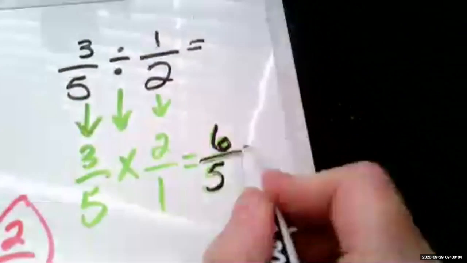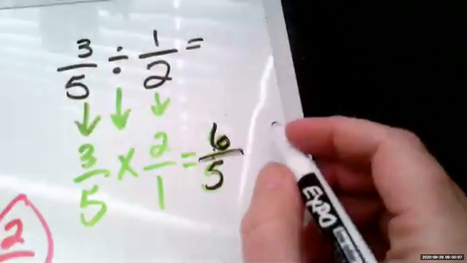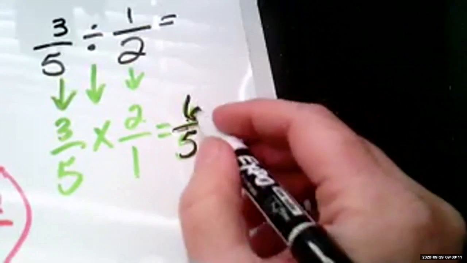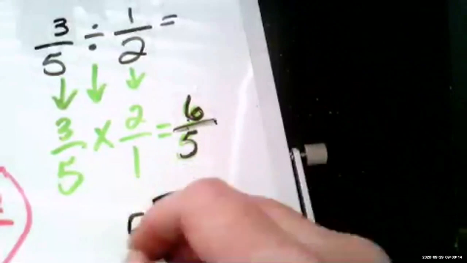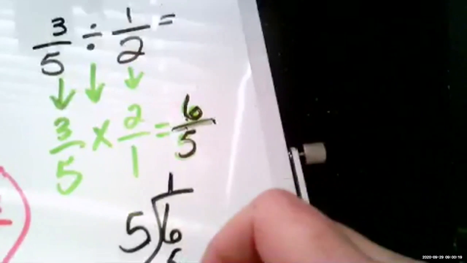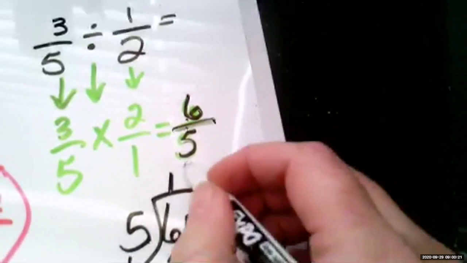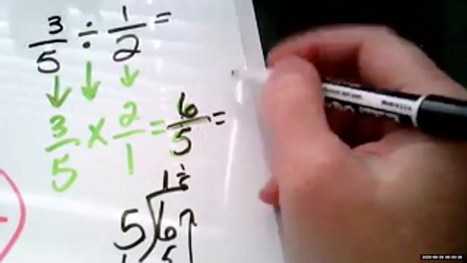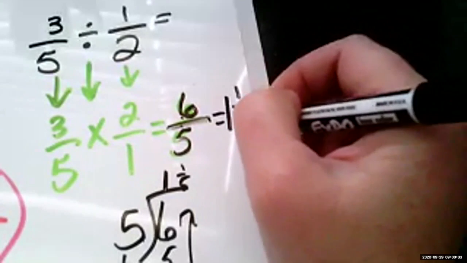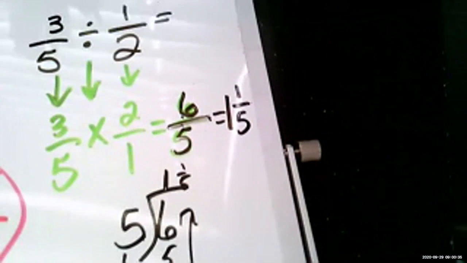So remember, this line right here means divide. 6 divided by 5, yes, now you got it. 6 divided by 5 means that 5 goes into 6 one whole time with the remainder of 1, leaving you 1 and 1/5. Or you can do it the other way where you say 6 minus 5/5 is one whole time, and 1/5 is left over. So remember, 6/5 equals 1 and 1/5.